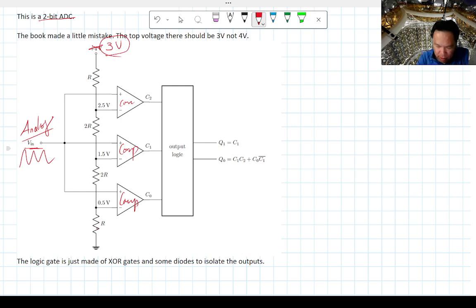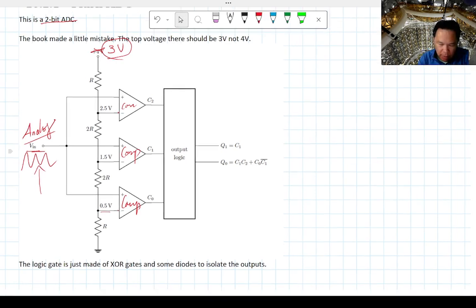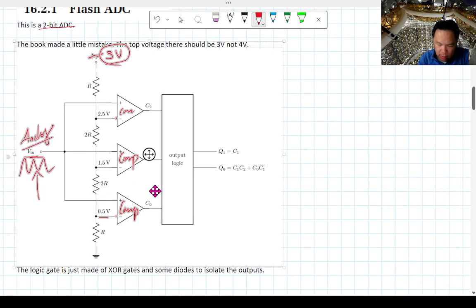What happens is that this voltage divider actually sets up this voltage here, which is the inverting input, or V in negative, on the first comparator, C0. It's going to set it up at 0.5 volts here. It's going to set this voltage up at 1.5, this voltage up at 2.5. And then these are going to be the threshold voltages that we're going to think about when we're analyzing this Vn.